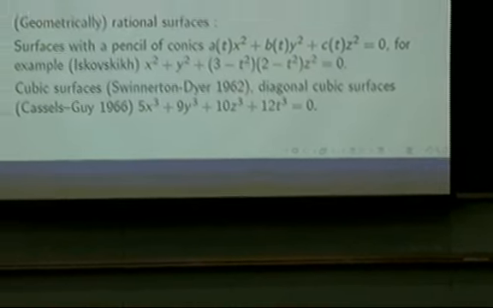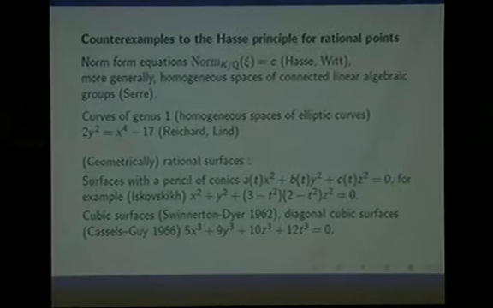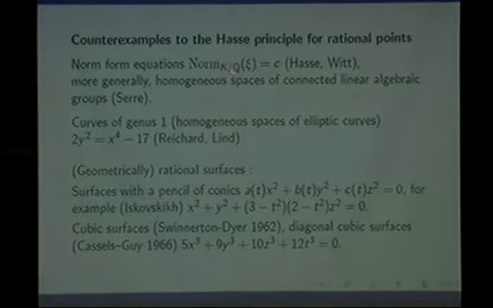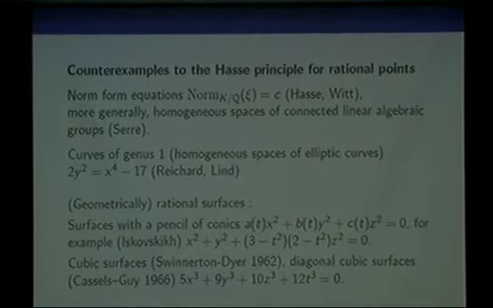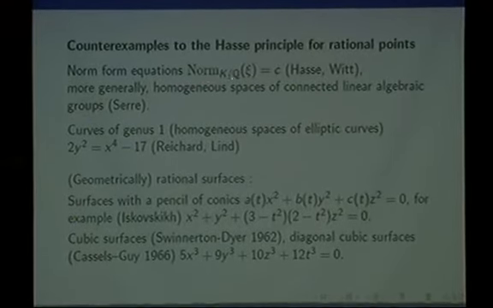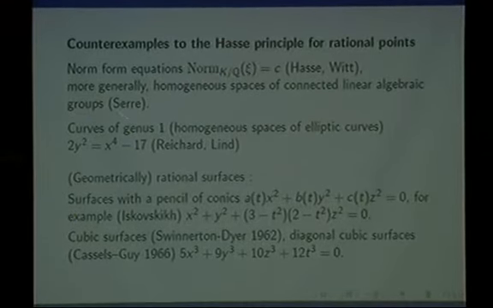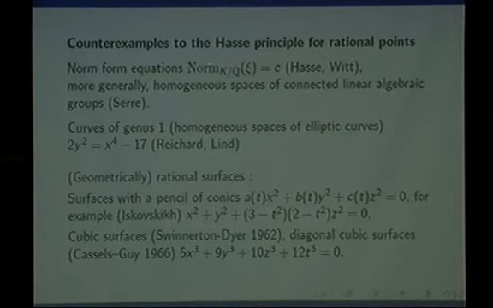But as early as 1934, Hasse and Witt realized that if you take, for instance, a Galois extension with group Z mod 2 cross Z mod 2, the first non-trivial example, then in fact it doesn't work. You have counterexamples. And Serre also produced examples with groups which are more complicated than these groups, for the norm 1 example. So this is one class of interesting counterexamples.